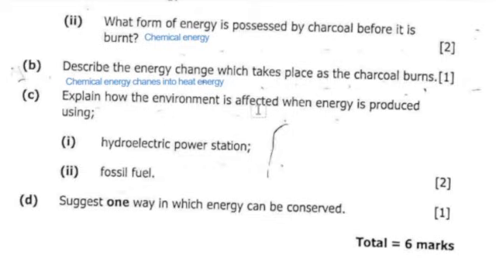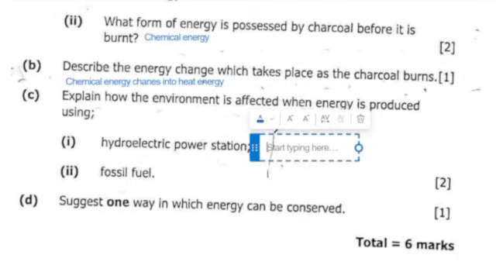Explain how the environment is affected when energy is produced using a hydroelectric power station. So first of all, a hydroelectric power station does not emit fumes. So when this is generated, it does not pollute the environment.